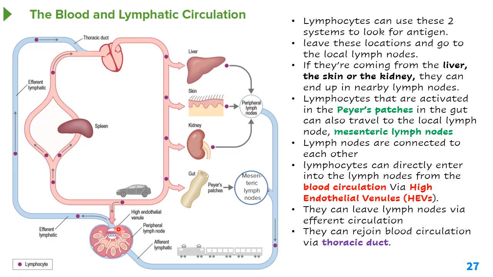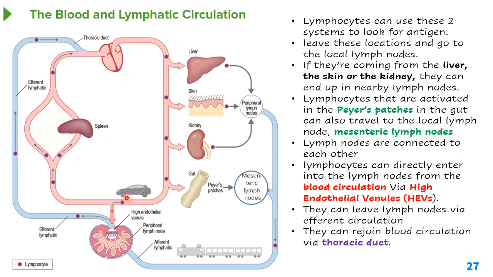Some little veins that are getting close here are furnishing the lymphatic organ with blood, right? They have specific endothelial cells that are different from the endothelial cells that you find in other blood vessels. Those endothelial cells are called high endothelial venule cells. Okay, we have more pictures of that.